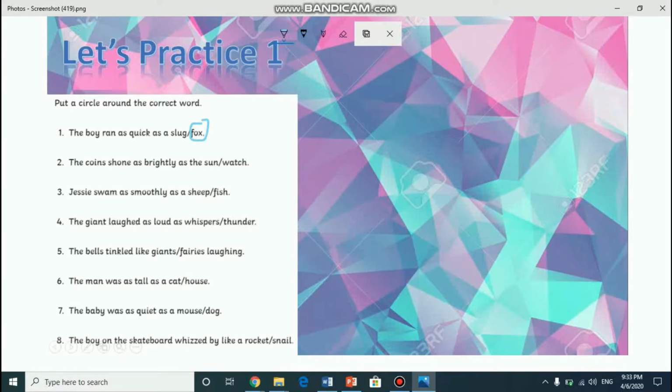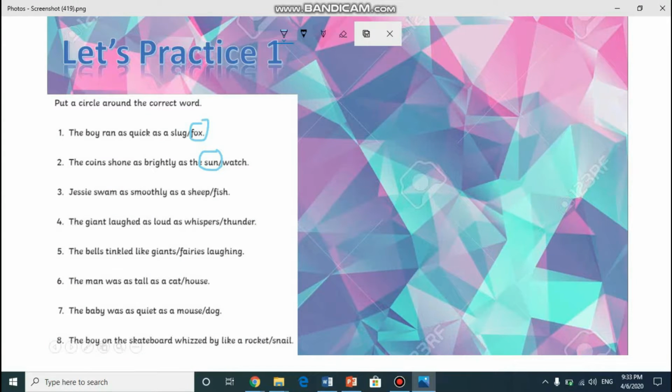Of course, when I say something is shining brightly, that means I'm referring to something that shares the same quality. And of course, it's not a watch that tells the time, but rather it's the sun. Okay, so sentence number two is the coins shone as brightly as the sun.